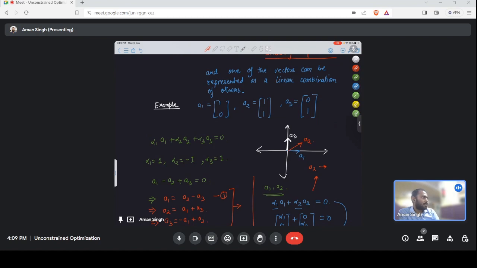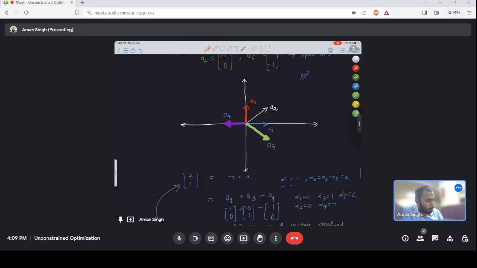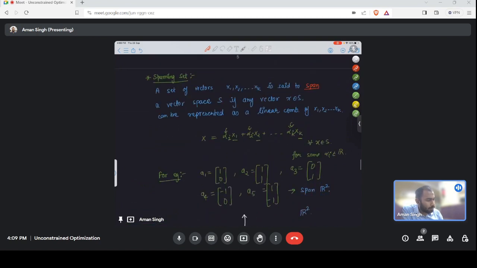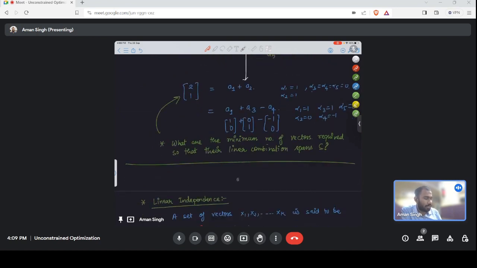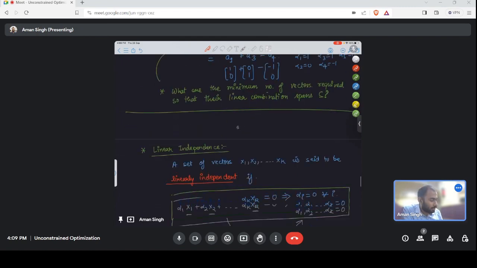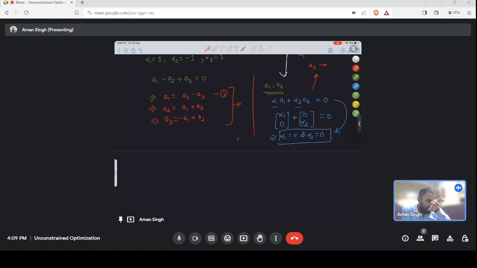Now I'll try to explain why this helps us in answering this question. What is the minimum number of vectors required so that their linear combination spans S? So the answer is, for the minimum number to span S, that set of vectors should be linearly independent.